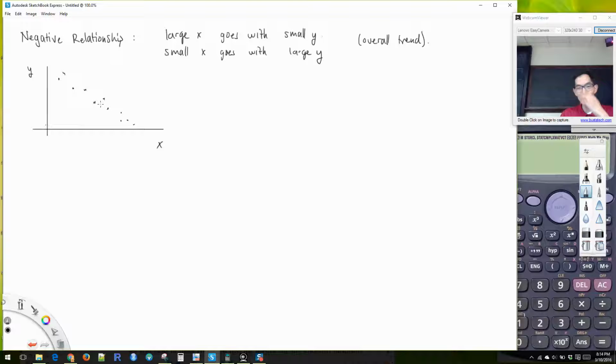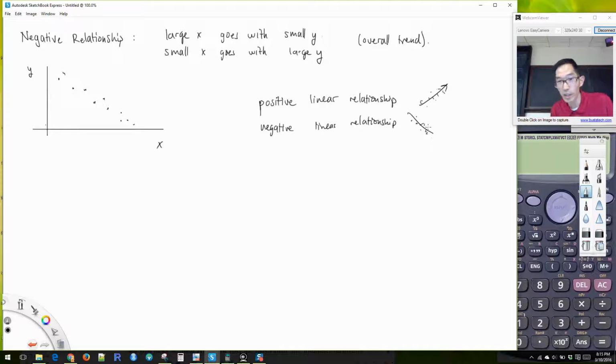A positive linear relationship looks like this, and a negative linear relationship would look like this, with your data points scattered along, something like that.